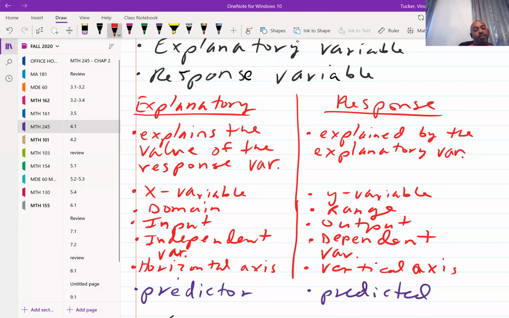Remember, we plugged in the value for X, and then we got out the value for Y. Your explanatory variable is independent while your response variable is dependent because it depends on your explanatory variable. Explanatory is the horizontal axis, response is the vertical axis, and then in the purple you see that goes back to what we were talking about, your predictor versus your predicted. Whichever one you're trying to predict will always be your response variable.